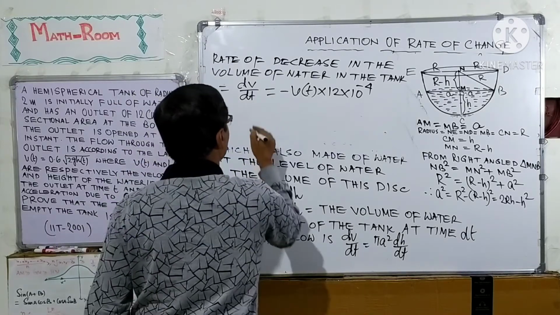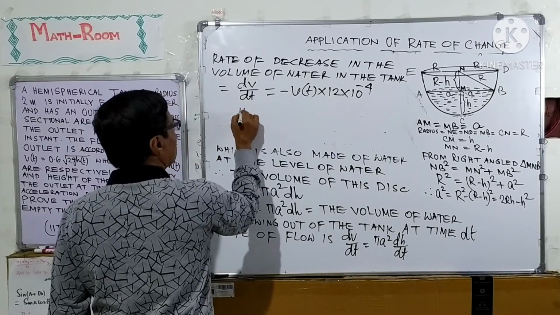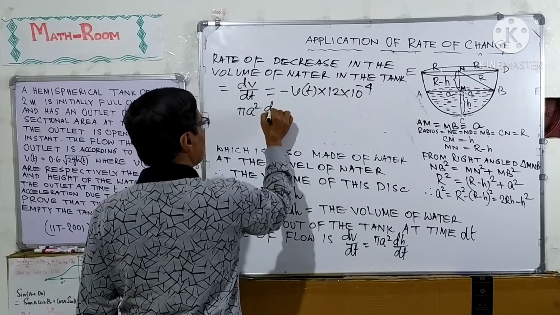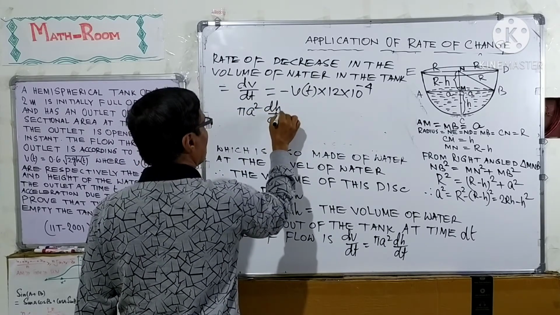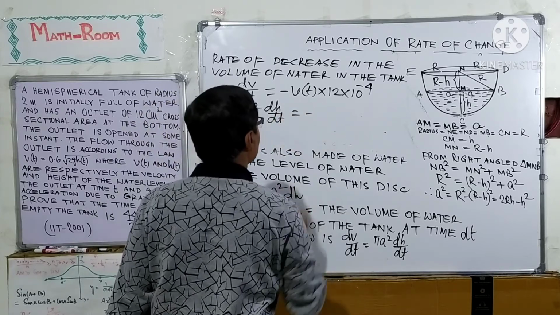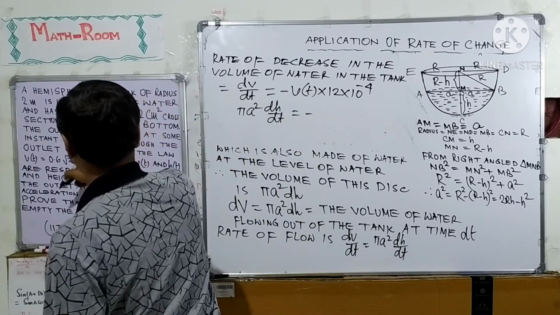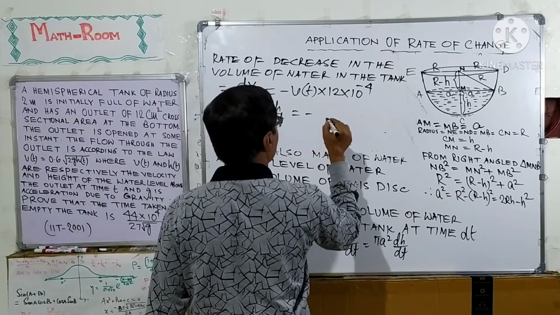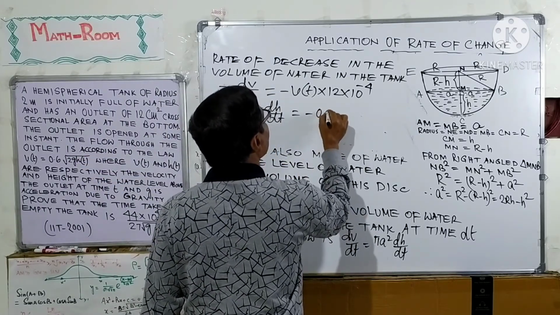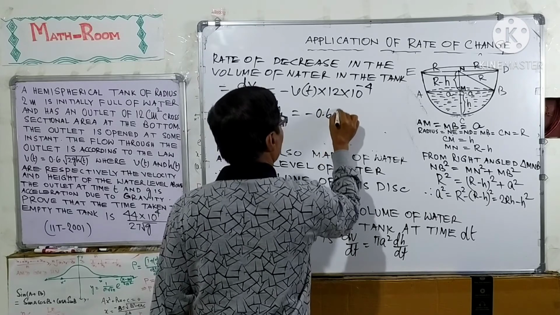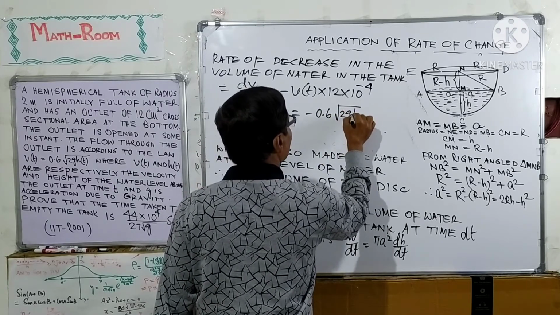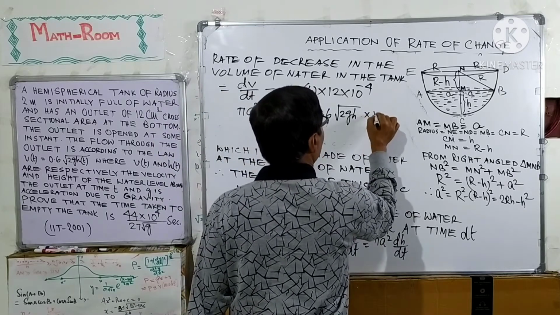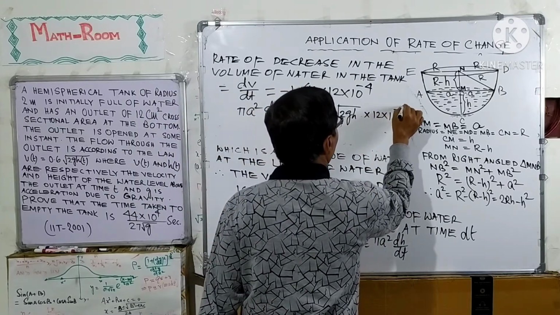So, dV dt equal to pi s square dH dt equal to minus Vt. Vt is given as 0.6 root over 2gh into 12 into 10 to the power minus 4.